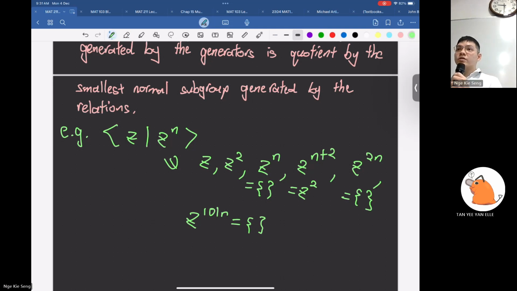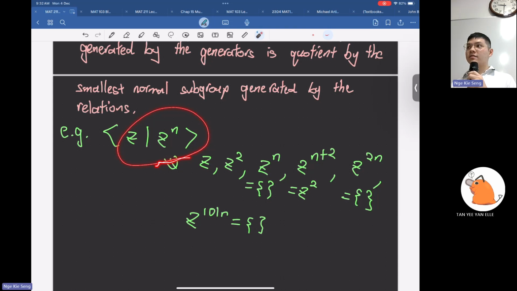Now this becomes smaller than the free group already. So how many non-trivial elements are inside here? Just n of them: identity Z^0, Z^1, Z^2, up to Z^(n-1), because at Z^n you go back to identity again.